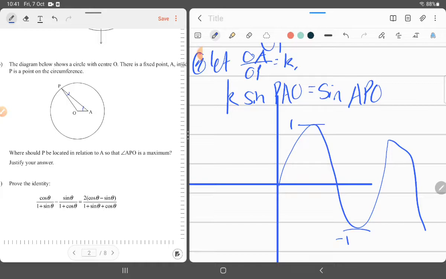So the maximum number that sine can be is 1.